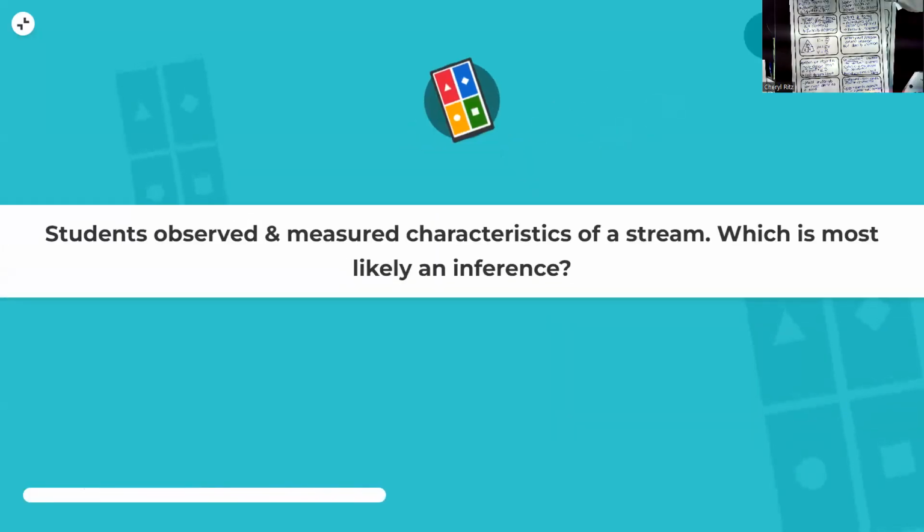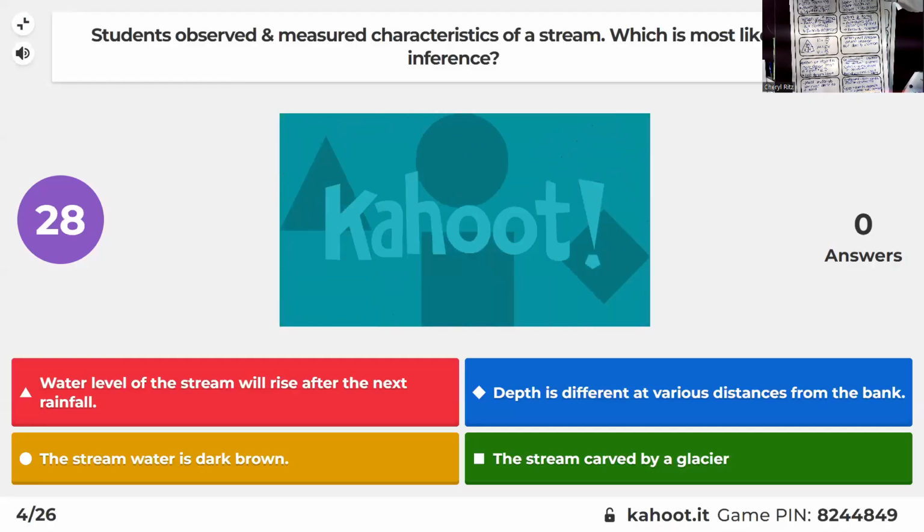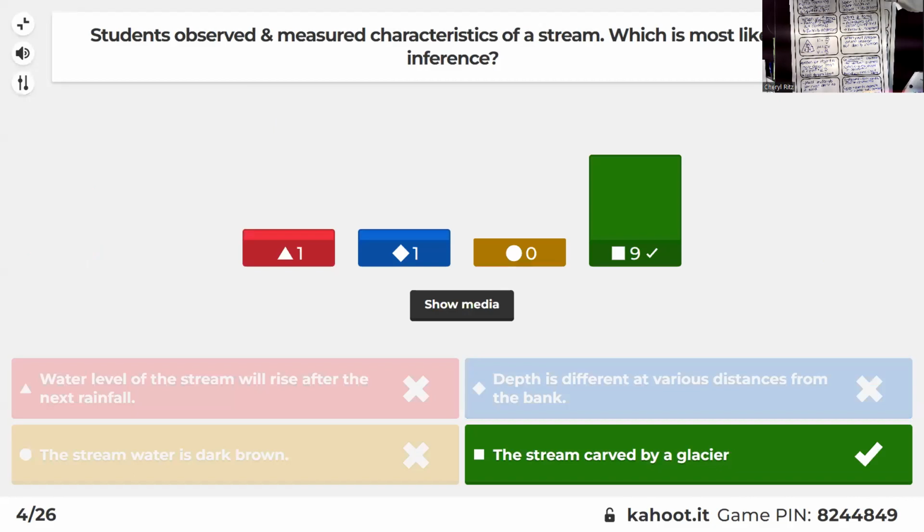Students observed and measured. So they were there, observing and measuring the characteristics of a stream. Which is most likely an inference? All right, so those of you who picked 1, it is a guess, but what is 1?